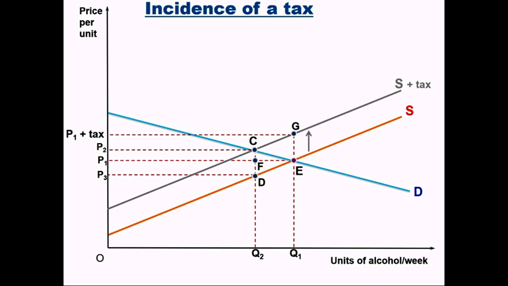So originally they'd sell Q1 at a price of P1, but now because they've got to pay tax to the government, they would need a price of P1 plus that tax to get them to supply the same amount. Perhaps the other thing to observe is that the supply curve is shifted upwards in a parallel manner, and this represents the fact that we're looking at the impact of a specific or a fixed tax.